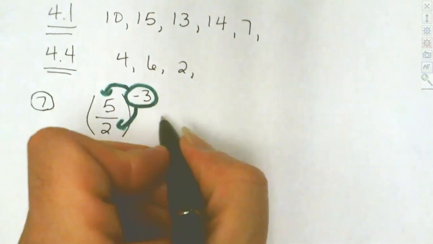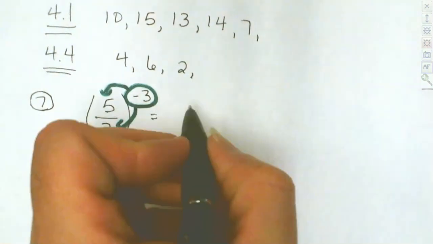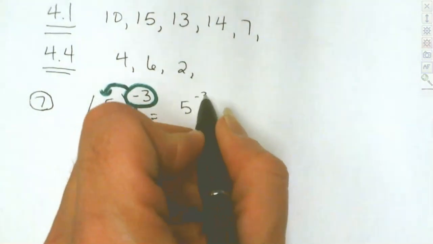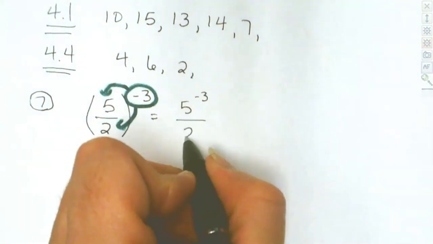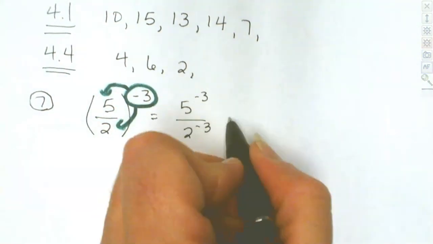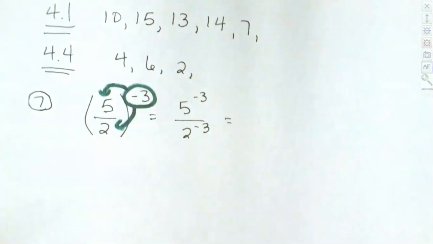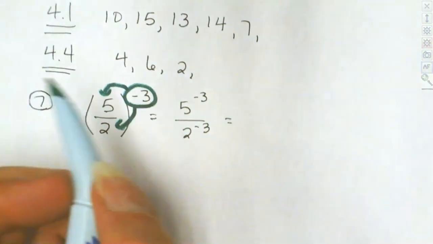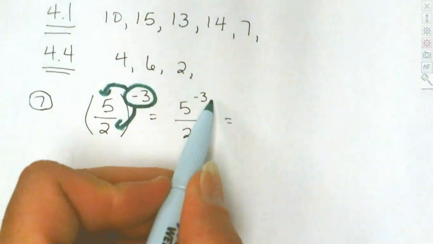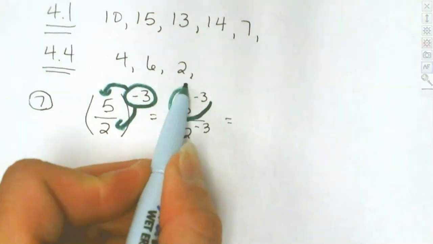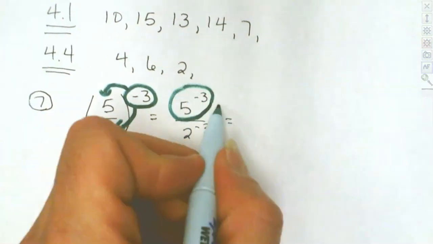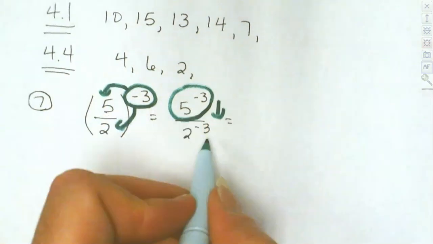You could also just simply flip the fraction over, but I'm just going to distribute it through, just so we understand the steps that are involved. And then what do we know about these negative exponents? Well, we do not want negative exponents in our answer. So this 5 to the negative third power, it's going to go down below.